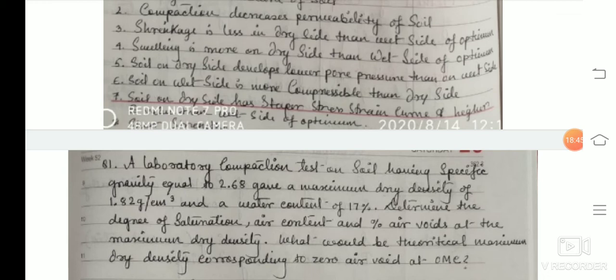A clay sample compacted on the dry side of optimum has a higher water deficiency than when it is compacted on the wet side of optimum. Hence, greater swelling pressure and greater swell can be achieved on the dry side than the wet side. So, this is the effect on swelling.